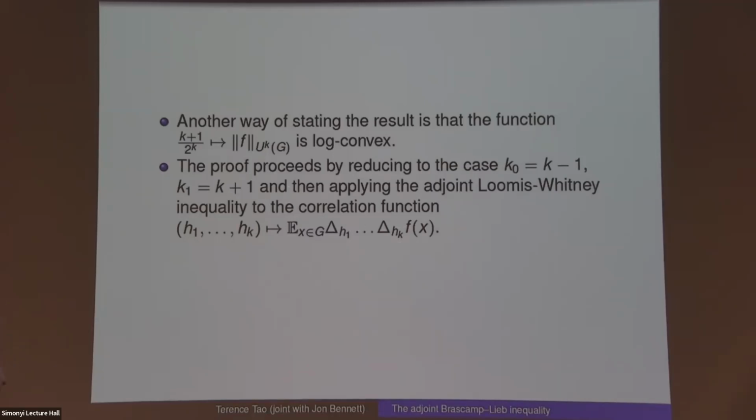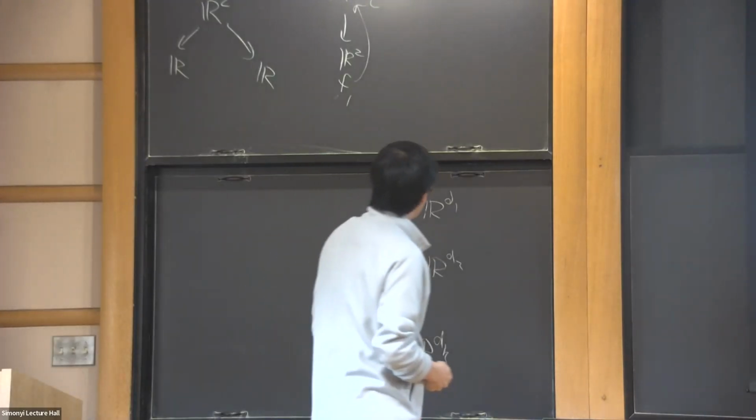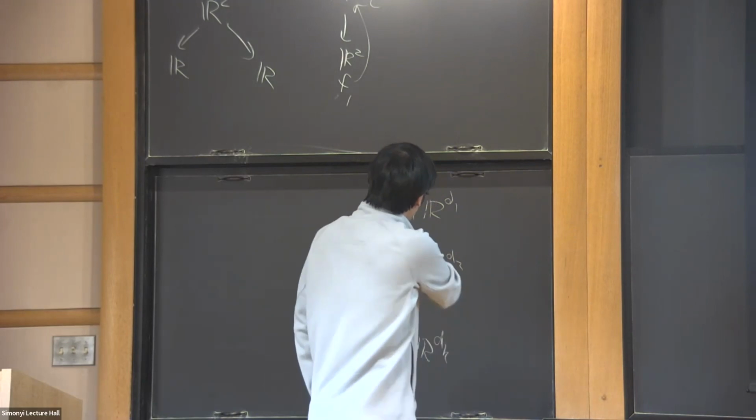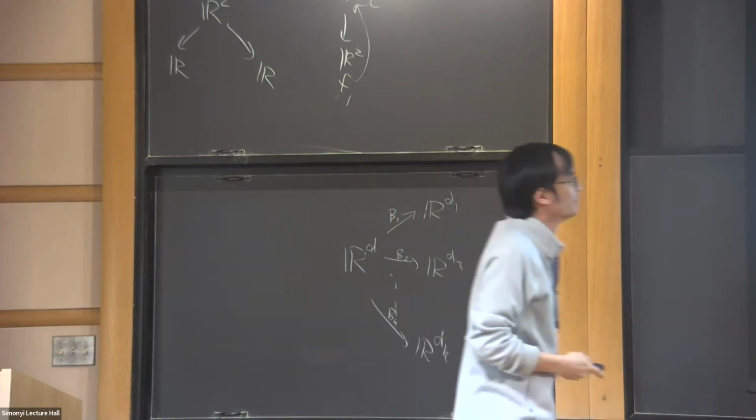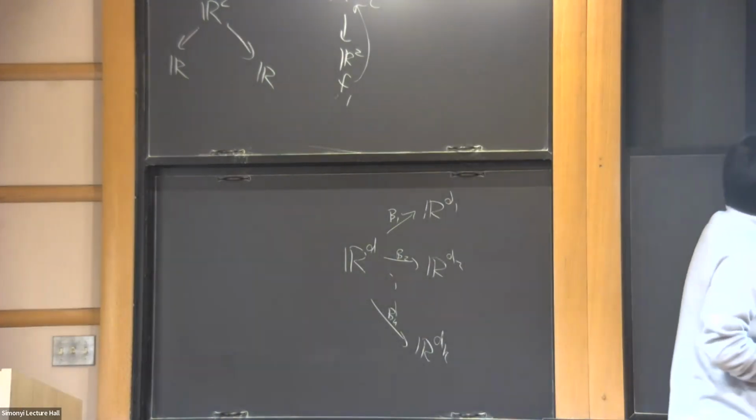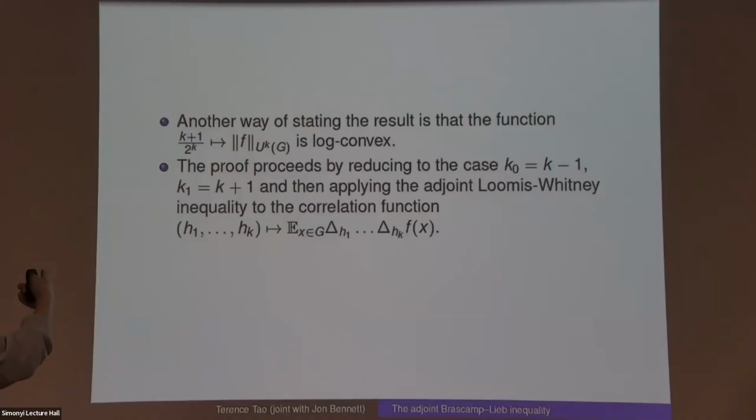For every shape of parallelepiped, you translate the parallelepiped over the whole group into the averages, and that gives you a function of k variables, and you apply this Loomis-Whitney inequality. You have to replace the reals with a finite group, but in the case of Loomis-Whitney, the inequalities that are true for R are also true for finite groups. You just apply that, and you get this application.